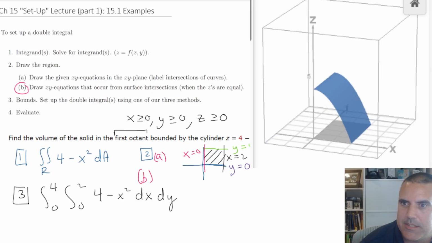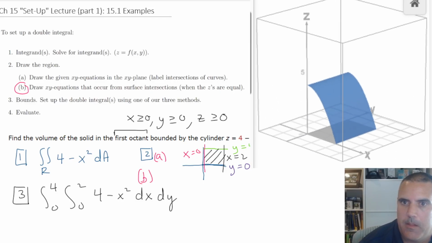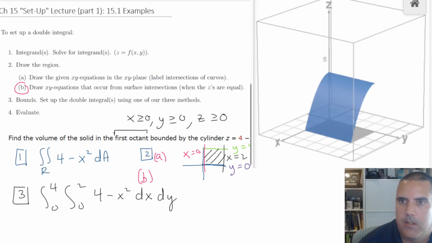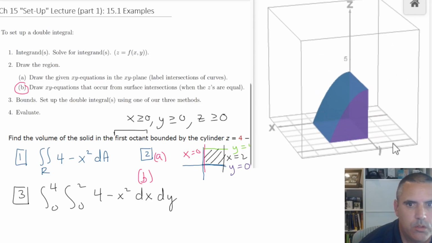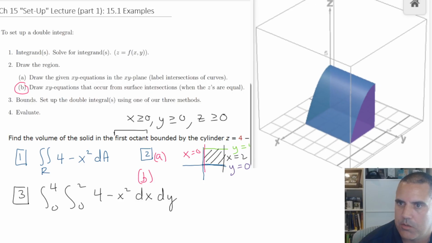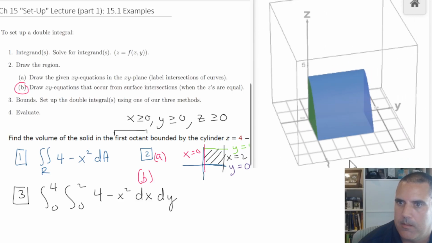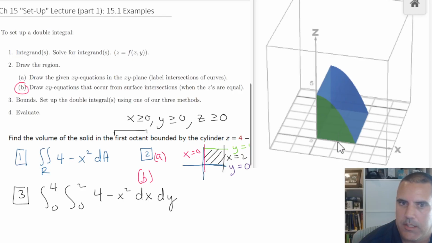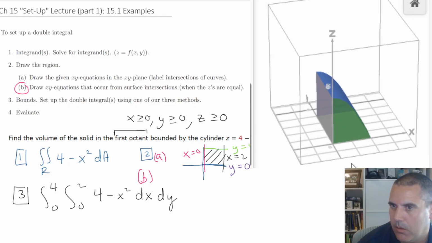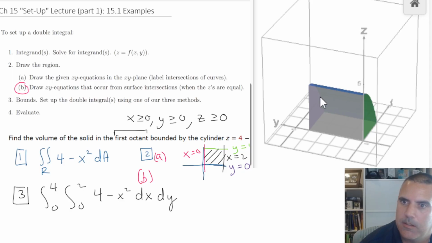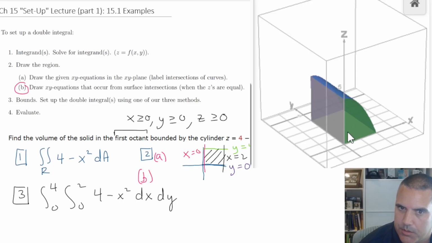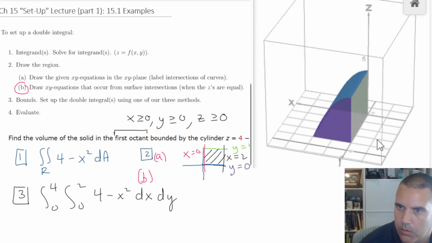So if I go through the sides and see what I get, let's go one by one. This is x equals 2, what I just graphed, that purple. This side over here, the green, is x equals 0. Sorry, this is y equals 0, and y equals 4 is the purple.